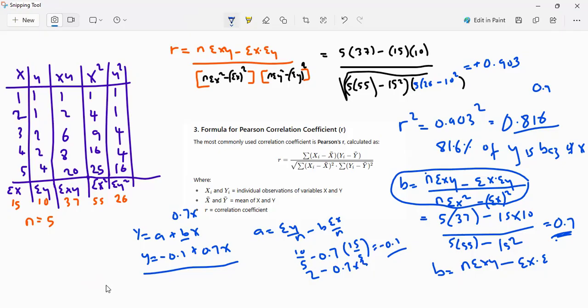The next question they ask you, find y if x is equal to 10. Find y if x is equal to 10. So you substitute there. It may not always be 10, it can be, for example, find the sales if advertising is 5 million. So since your x is maybe your advertisement, you put where the x is whatever values have been given to you. So put our 10 here.